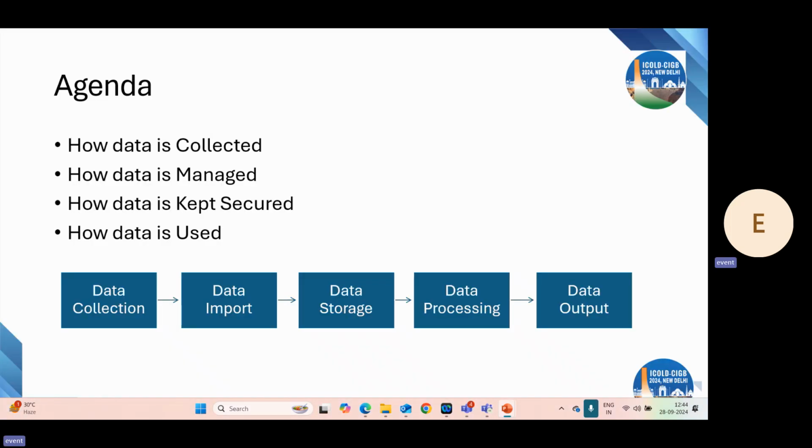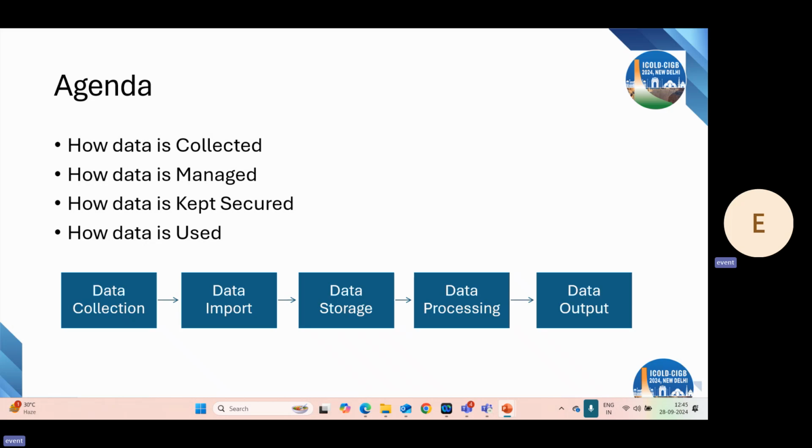The basic agenda for today's session would be how data is collected, how it's managed, how it's kept secured, and how it's basically used. So as you can see, we have a lot of data. With increasing technology, we are no longer collecting data manually at all the individual locations.